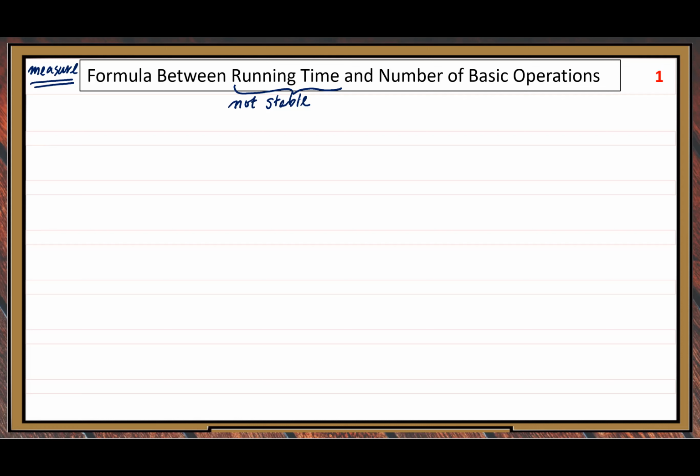The number of basic operations. So the second one, this one you can see does not rely on the machines, right? Whether you use supercomputers or low-end computers, you need to use the same number of basic operations. All right.